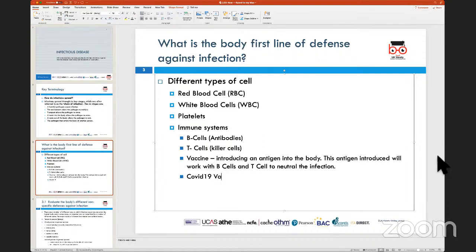So the COVID-19 vaccine is essentially a good example of how a dormant form of an antigen, or a virus in this case, was introduced in the human body to help in the development of immunity against the COVID-19 virus.